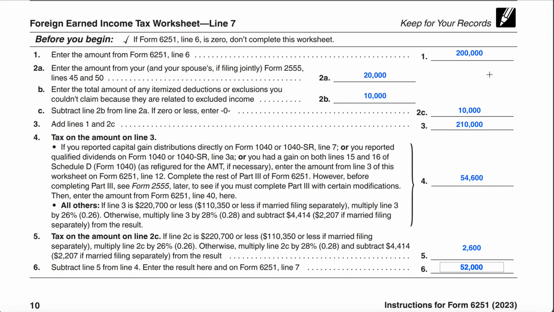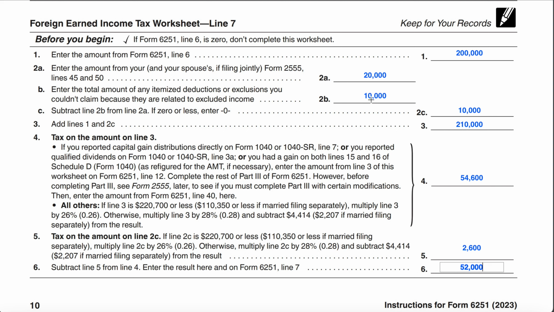So basically we've had to back out any deductions that were related to the income that was excluded, because you can't exclude an income item and then take a tax deduction on that same item that you just excluded. So we went ahead and backed that out on Form 2555, and we put in $20,000.